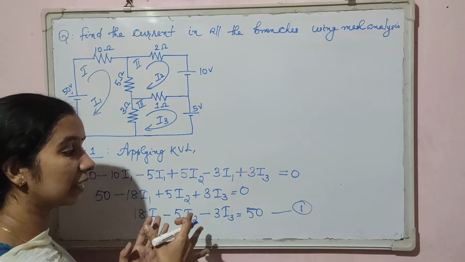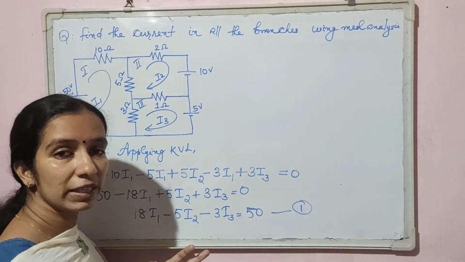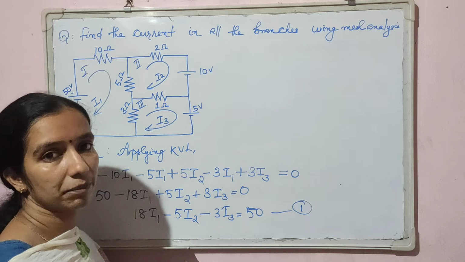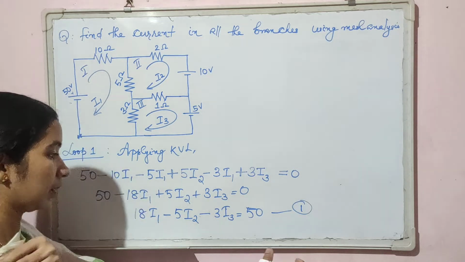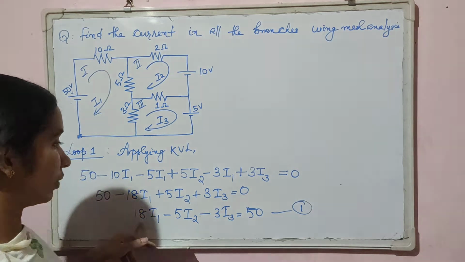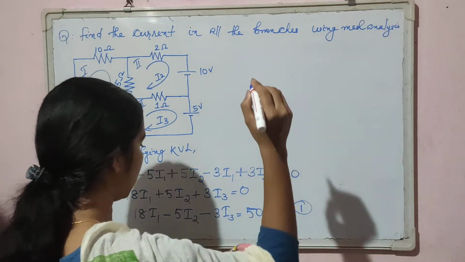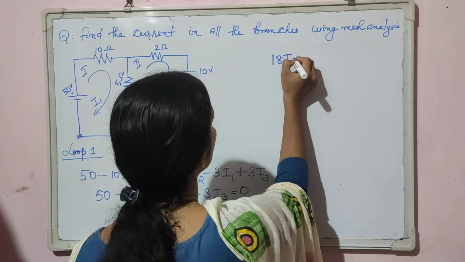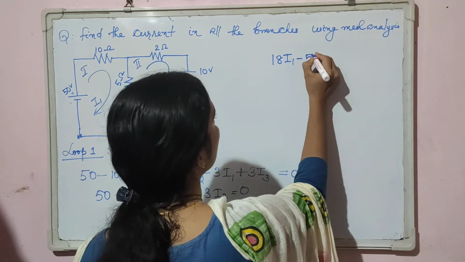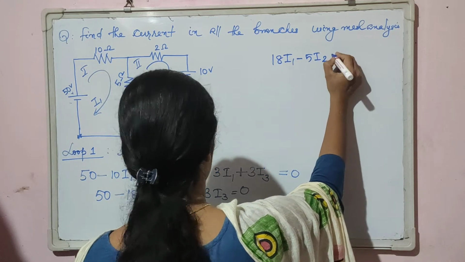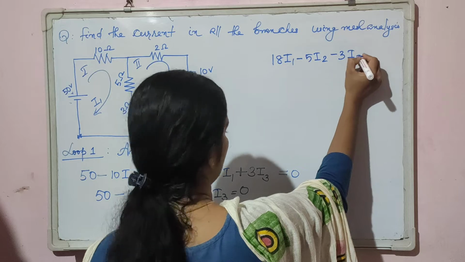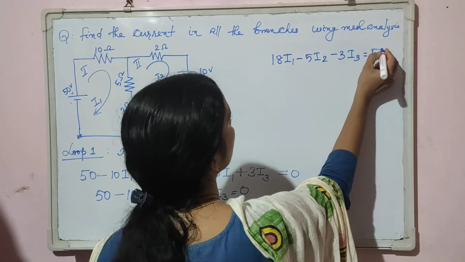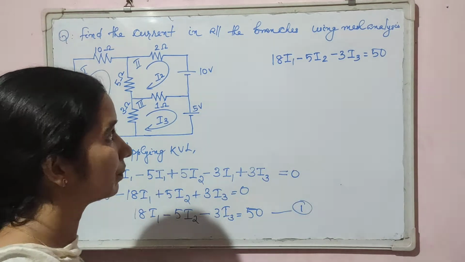If we arrange the equation like this, it will be easier to form the matrix representation. So let us note down equation 1: 18 I1 minus 5 I2 minus 3 I3 is equal to 50.